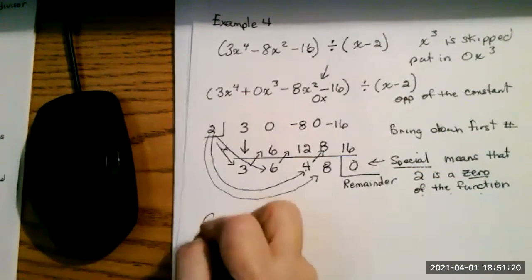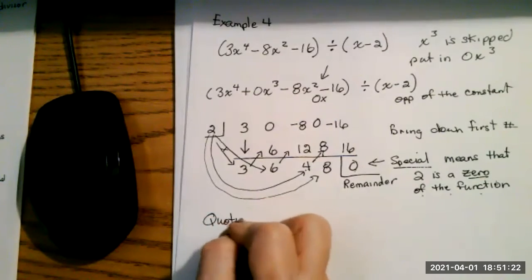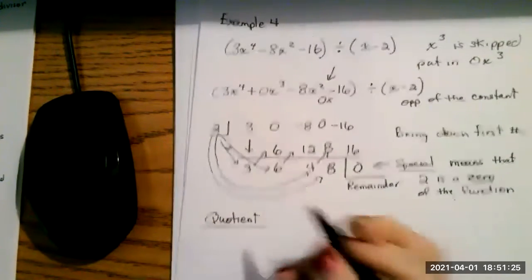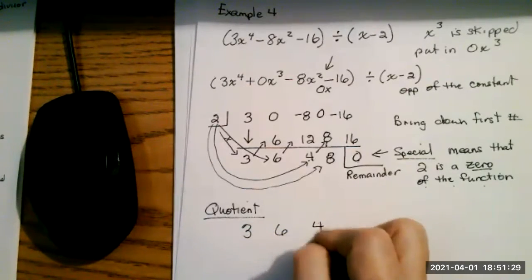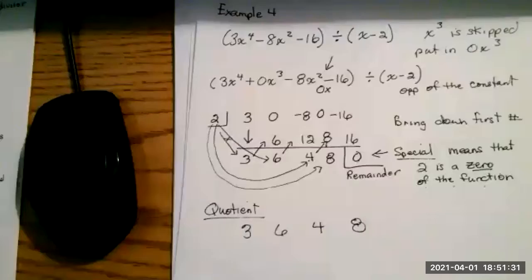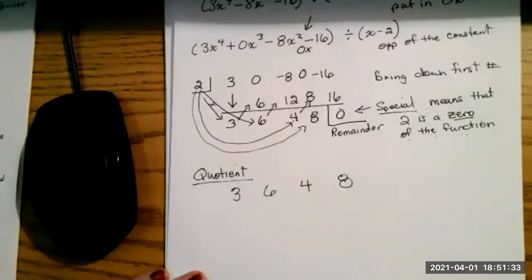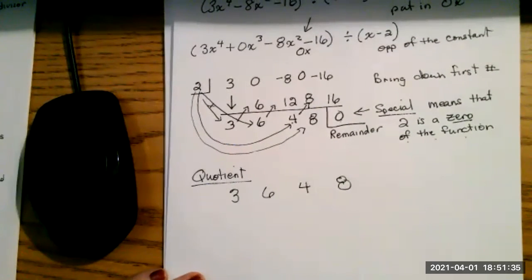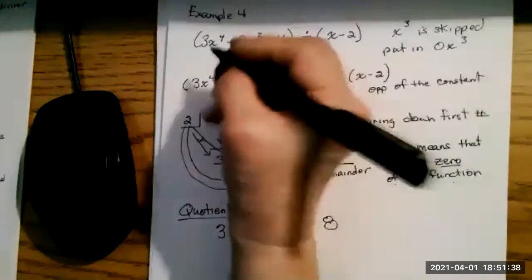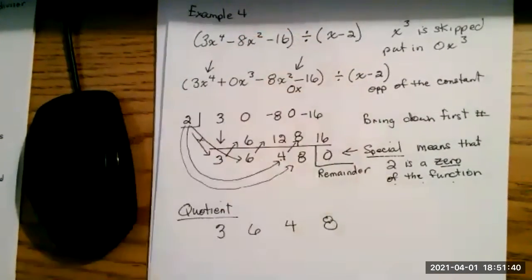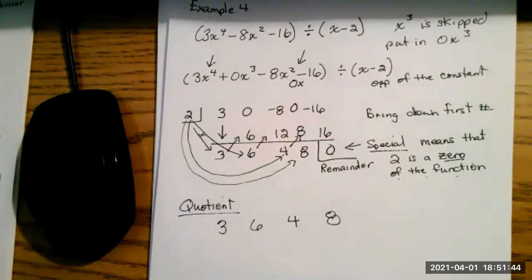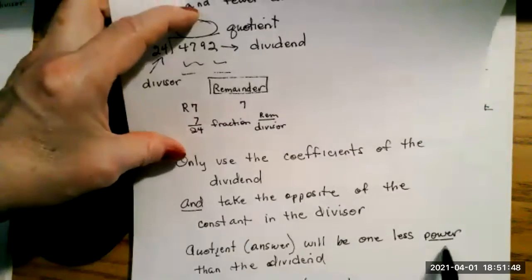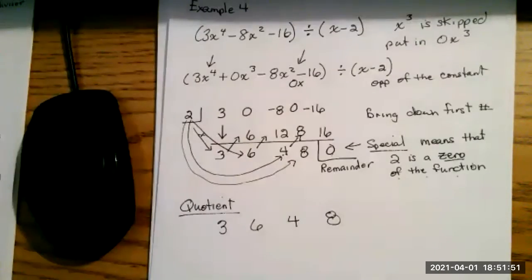Now let's see if we can tell what our quotient is. We have a 3, a 6, a 4, and an 8. That 0 is a remainder. I started with x to the 4th. In our rules, it says the quotient will be 1 less power than the dividend.